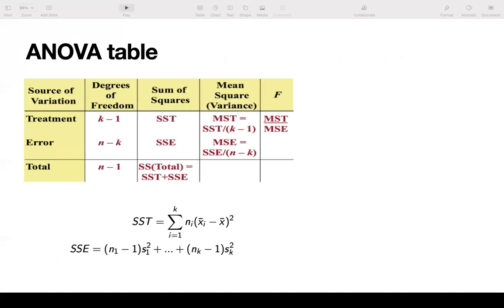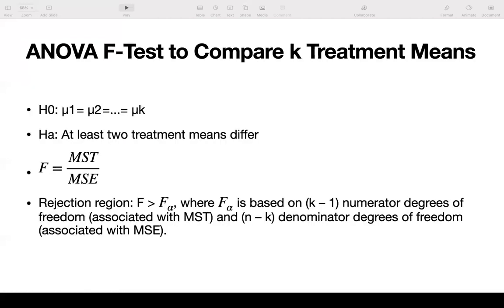So here is an ANOVA table. And we have the ANOVA F test to compare k treatment means. Here we have the null with all means equal to each other, and the alternative that states that at least two treatment means differ.